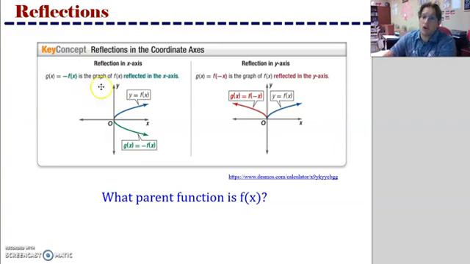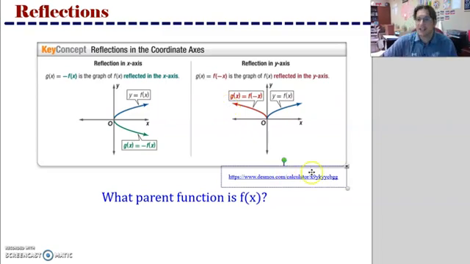When we reflect over the x, so from top to bottom, I am going to put a negative on the outside. So anytime I plug in that negative, I'm going to reflect over the x-axis. Same thing using function notation for the y-axis. If my negative is inside the parentheses, now I'm flipping over the y-axis. So left flips over the right. That's what we are talking about.